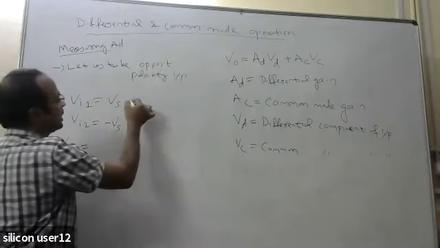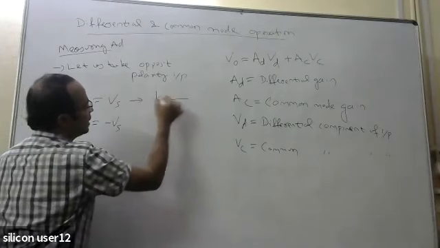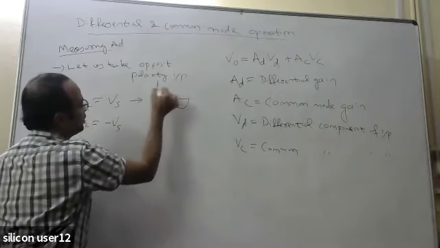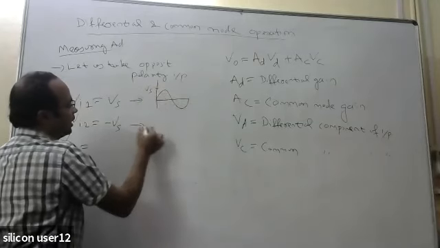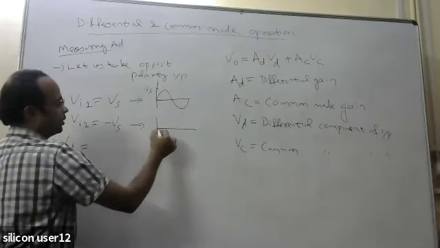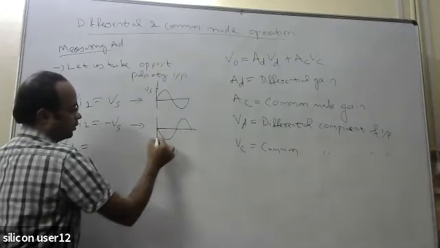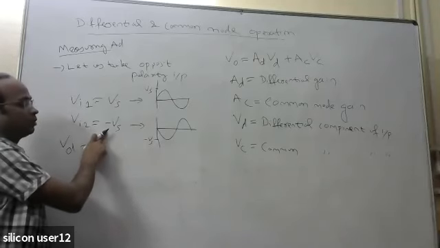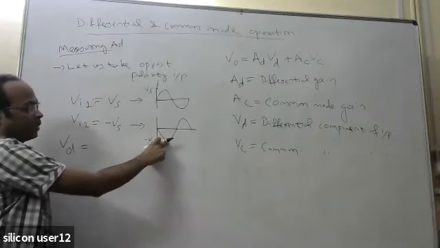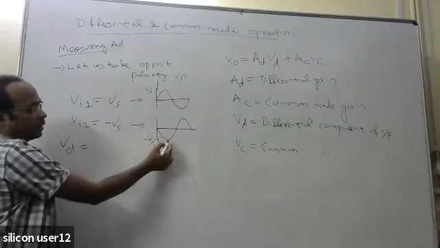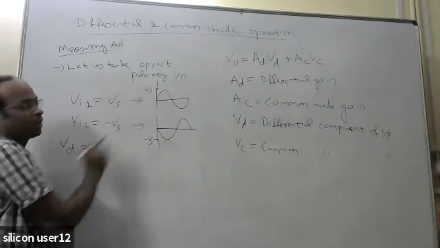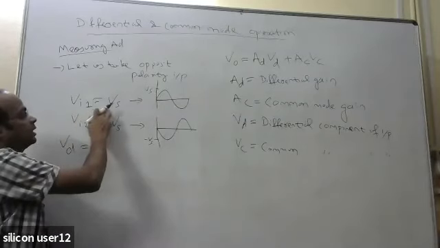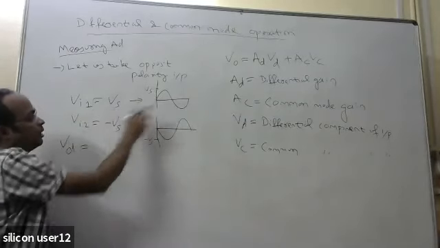I have taken a signal, this is my Vi1, and this signal is opposite of this one. When I say minus Vs, that means the first negative amplitude, the first peak point, is equal to minus Vs. Here the first peak is equal to plus Vs. So Vi1 is this one and Vi2 is opposite of this one.